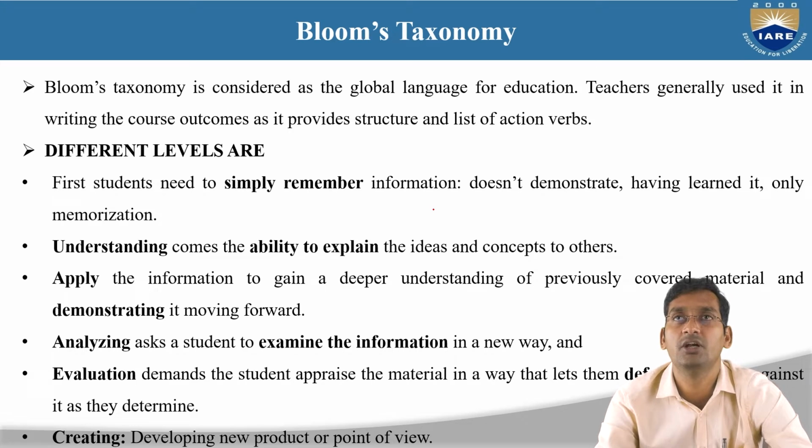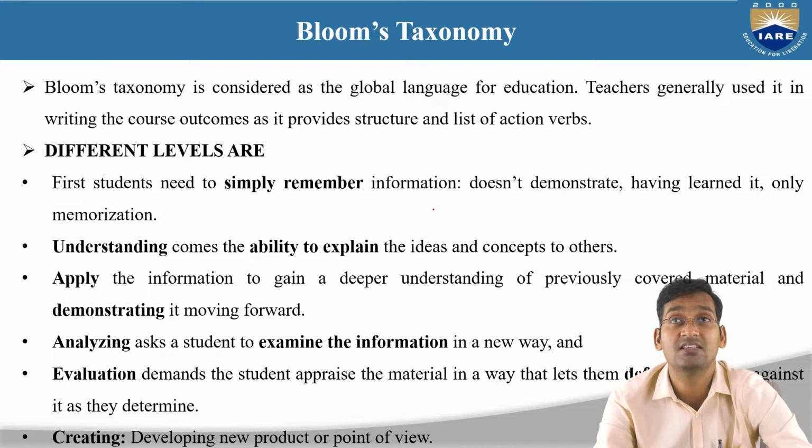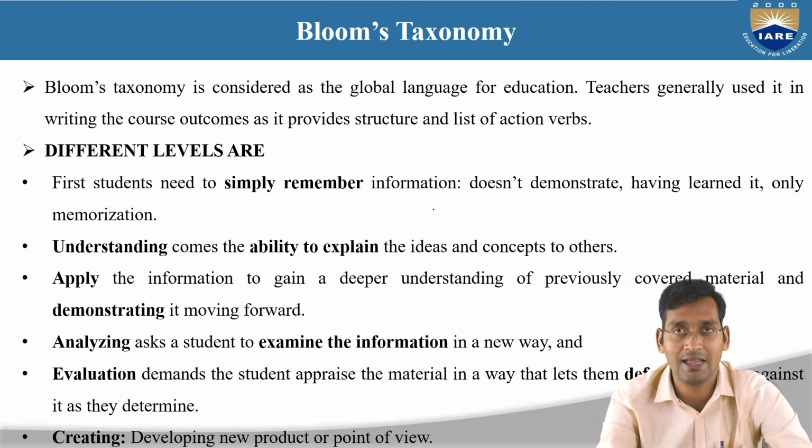Now the Bloom taxonomy. Bloom taxonomy is considered as the global language for education. According to that only they are preparing. Teachers generally use it in writing the course outcome as it provides a structure and a list of action verbs. In that many verbs are there that we can use. According to that only the CO can be prepared. In that, different levels are there, right?